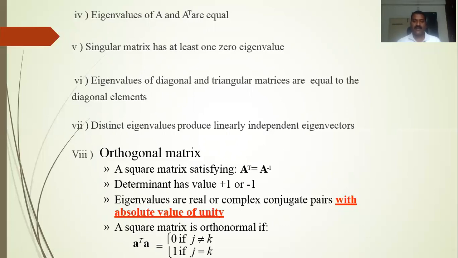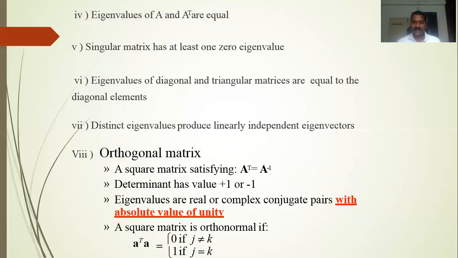Let's throw some light on orthogonal matrices. First of all, what is an orthogonal matrix? A square matrix A is said to be orthogonal if A transpose A equals I, or A transpose equals A inverse. As I said earlier, if lambda is an eigenvalue, then 1 by lambda is also an eigenvalue. They come in pairs, so that lambda square equals 1, or lambda equals plus or minus 1.